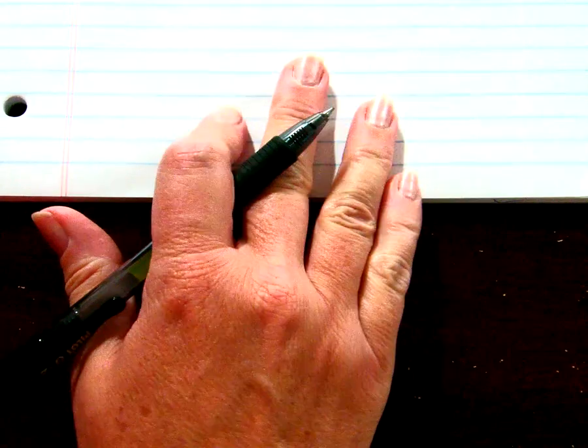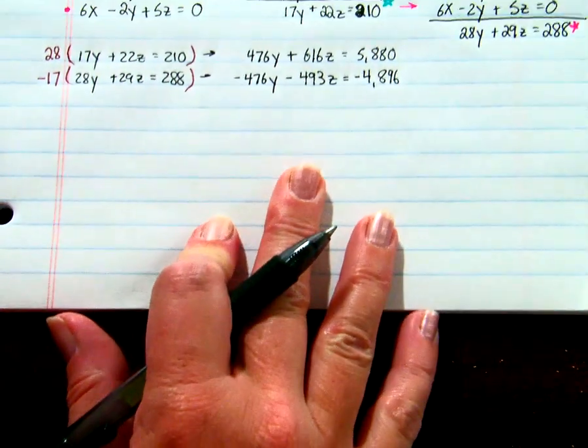I know. I'm hiding what I'm doing so that you'll work independently and just use me to check. 4,896. That's what I got.